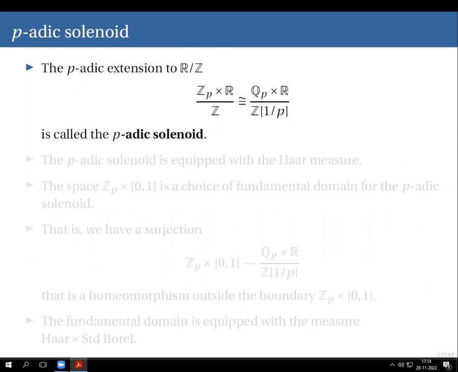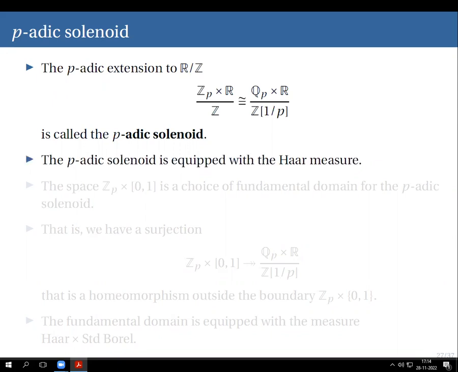One way of looking at it is Z_p cross R mod Z, where Z is diagonally embedded inside Z_p cross R, so x goes to (x, minus x). Another way is to upgrade Z_p to Q_p, the fraction field of Z_p, and then the lattice you choose is Z[1/p].